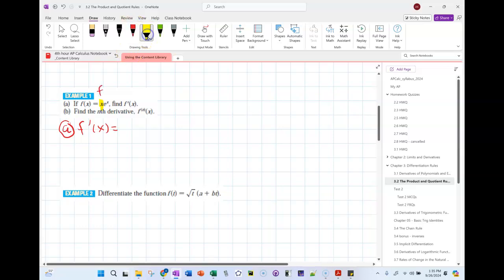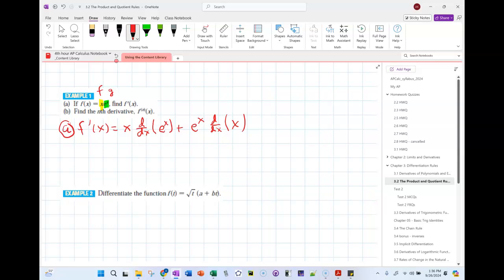Where x is my f and e to the x is my g. So if I apply the product property, I'm going to have f times the derivative of g plus g times the derivative of f.